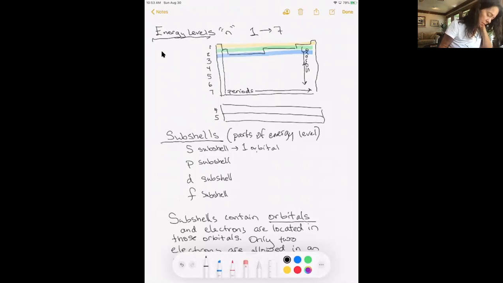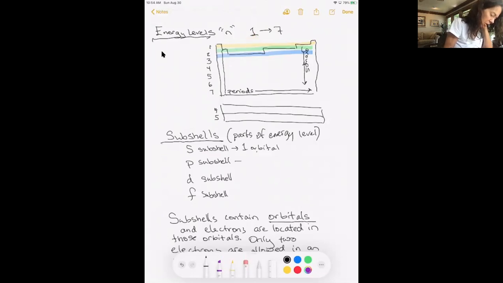You live on the first energy level, right? This is my analogy. You live on the first street. You live in an S subshell, and you live in this orbital, okay? I know I'm going around the block to get there, but I'm going to keep going.